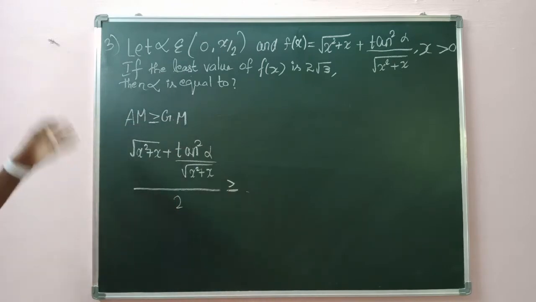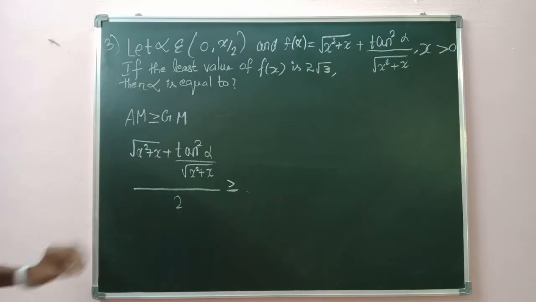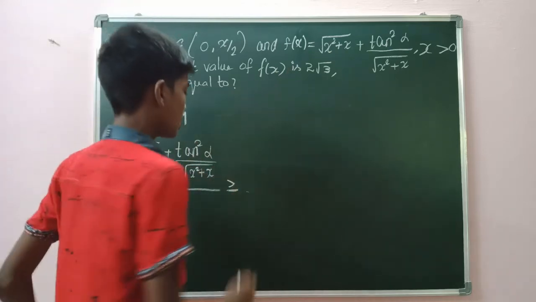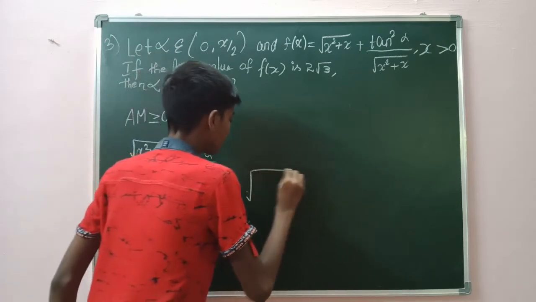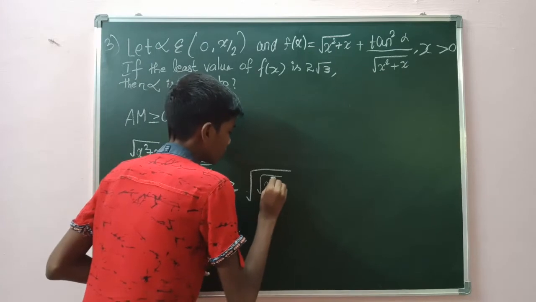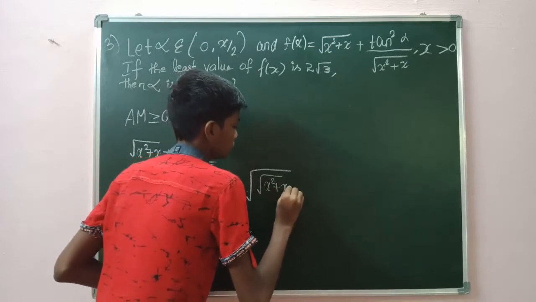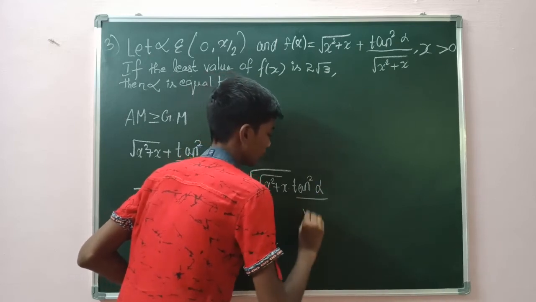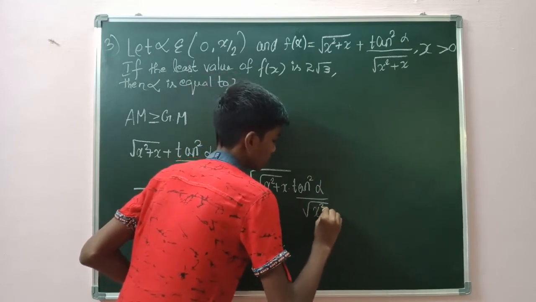Geometric mean is the product of those two terms raised to the power 1/n, that is, raised to the power 1 by the number of terms. The number of terms is 2. Hence, raised to the power 1/2 means I can write the square root. So, the square root of √(x² + x) into tan²α/√(x² + x).